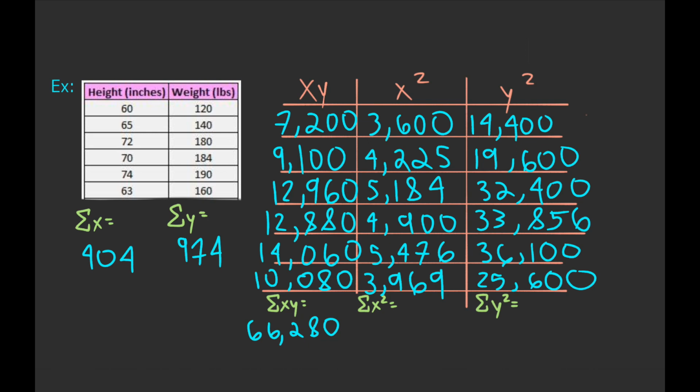I'm not going to read them out, but you add all those numbers, and we're going to get 27,354. And the sum of y squared, so all of those values added up, is 161,956. So yeah, now that we found our values, all we have to do is plug it into the formula and solve.